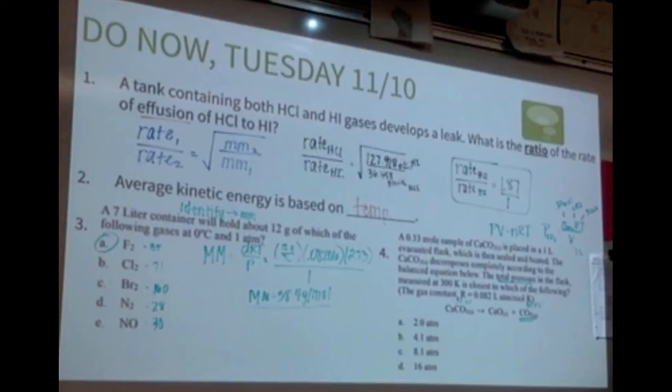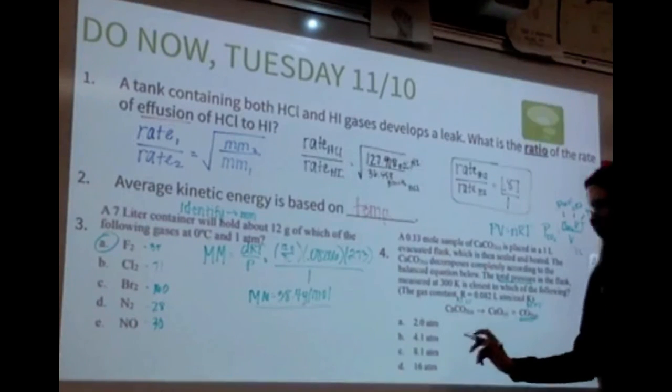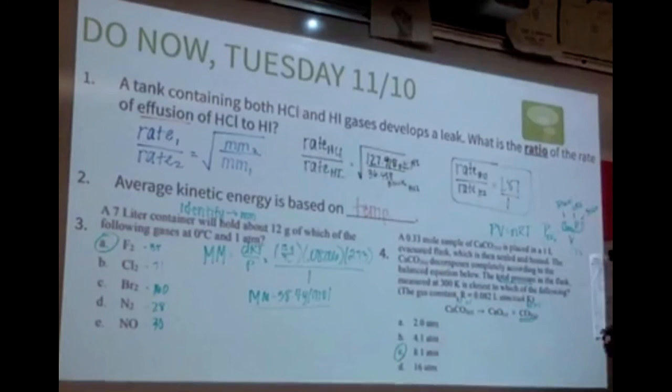I guess 2 sig figs. Oh well, it's multiple choice, doesn't actually matter. Which value do you get closest to? 8.1. And when you plug it into your calculator, you actually get 8.118. But it's multiple choice, so you just pick the answer that's closest.